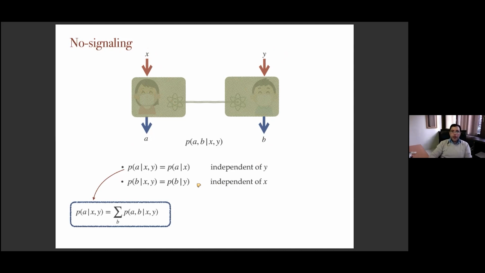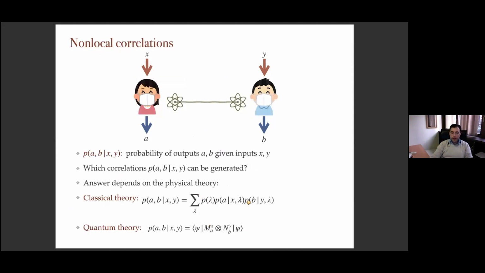So here, I want to restrict myself to the set of correlations of this form which satisfy the no signaling condition. If, for example, in this expression, I marginalize over B, by normalization this term disappears, and I don't have a Y here.